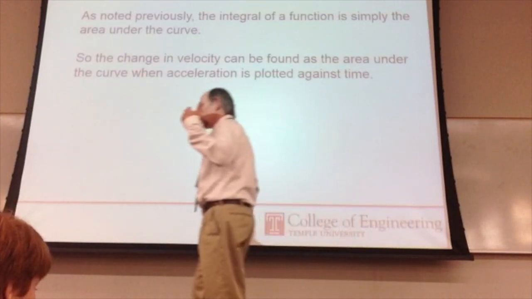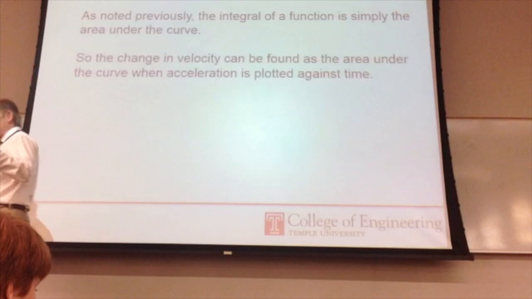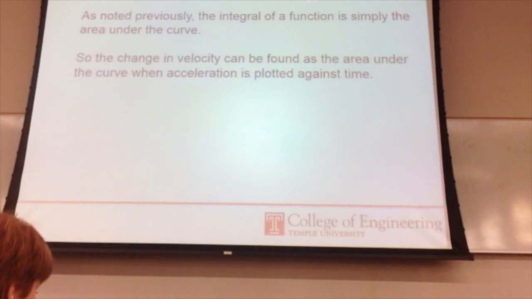All right. So we can go through this mathematically. We can use integration. But the integral is simply the area under the curve. And so the change in velocity is the area under the curve when you plot acceleration versus time. And we can use that to figure out the velocity at any given time.